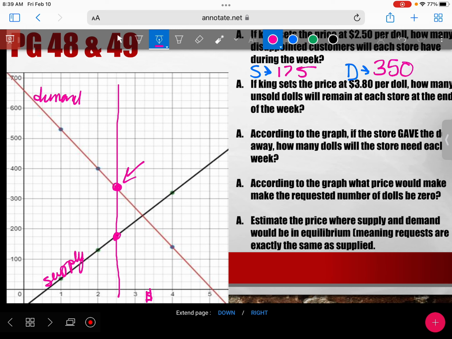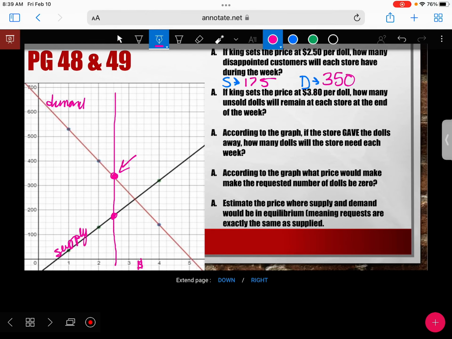So if the store has 175 dolls and 350 people want them, is everybody going to get a doll that wants one? No. How many people won't get dolls? What is the difference?